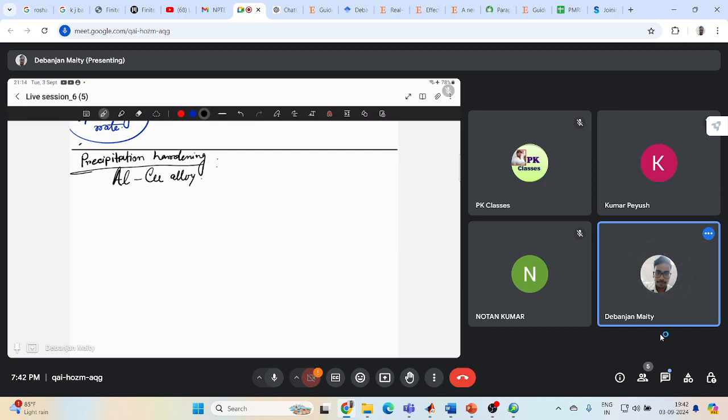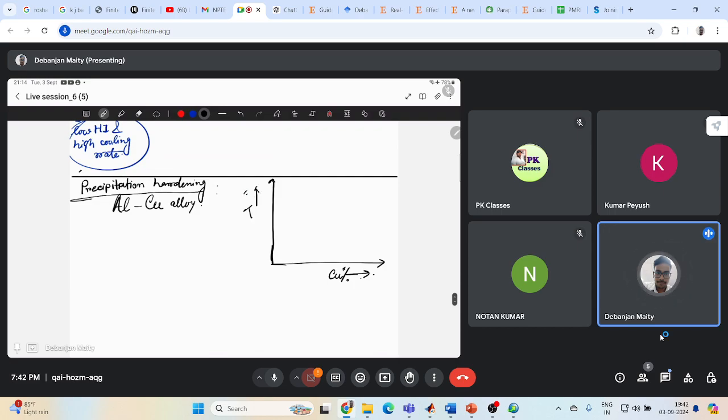Now, how should I start? I would start by drawing a phase diagram. So let's assume that I'm talking correctly. This is weight percent of copper and this is temperature. You must have gone through the phase diagram for iron carbon, right?